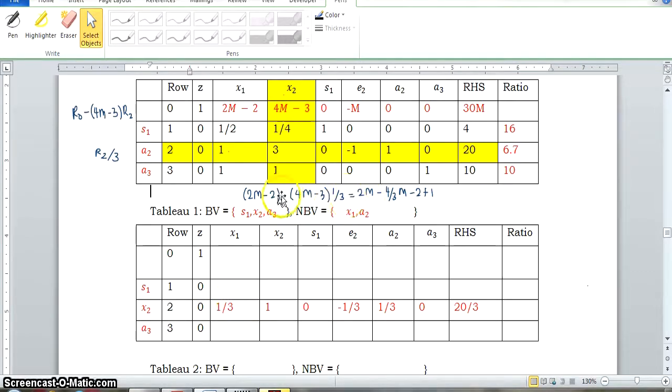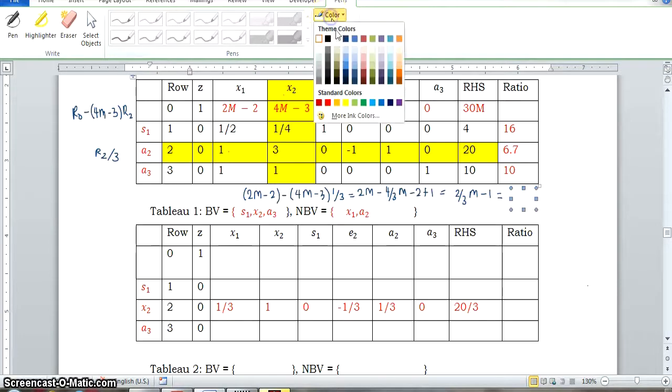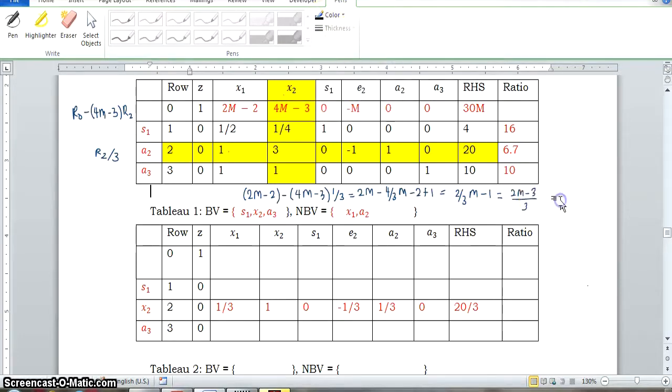Then we simplify this, we get 2M minus 4 over 3M minus 2 plus 1. Therefore, we get equals to 2 over 3M minus 1, which is equals to 2M minus 3 over 3. Okay, we write this coefficient in this cell.